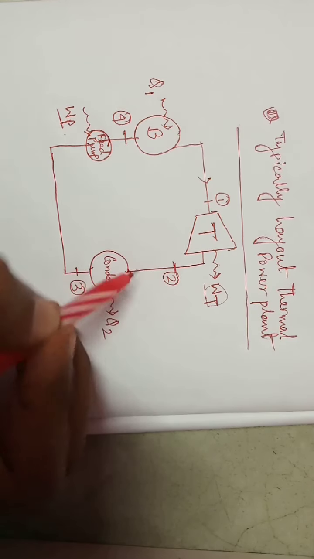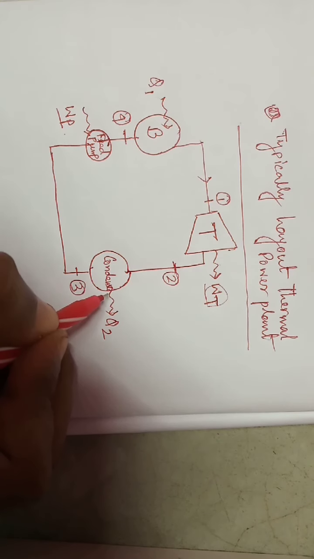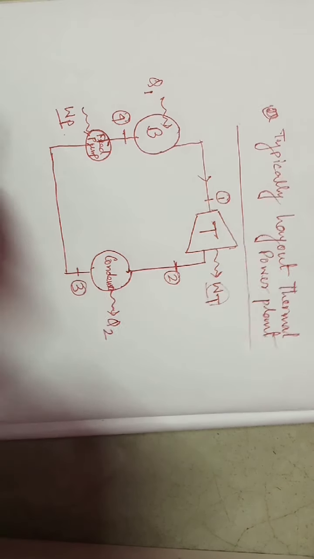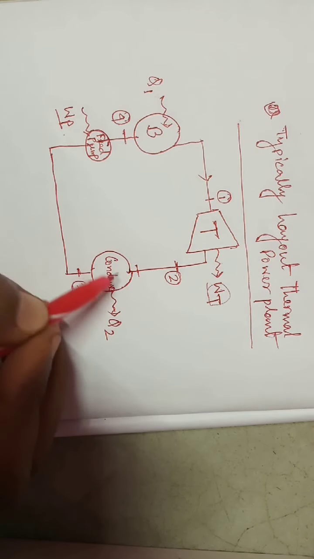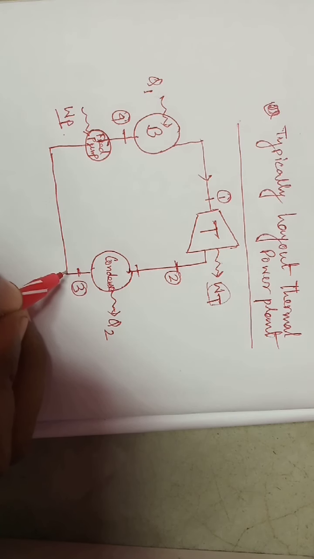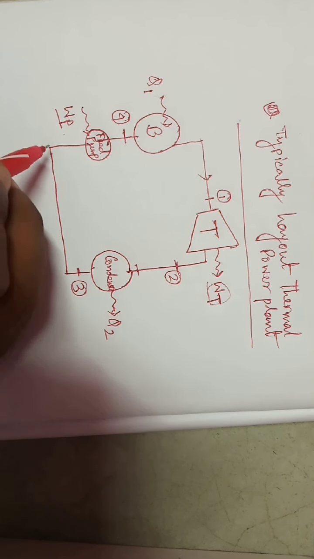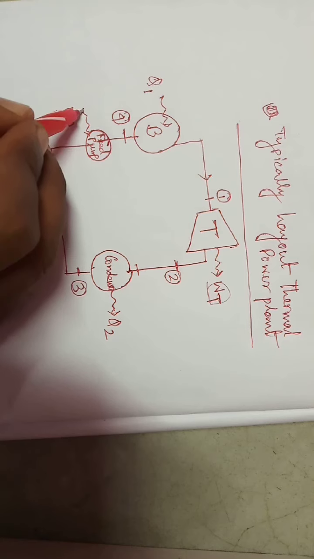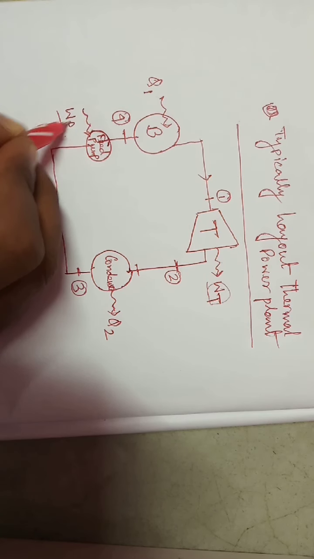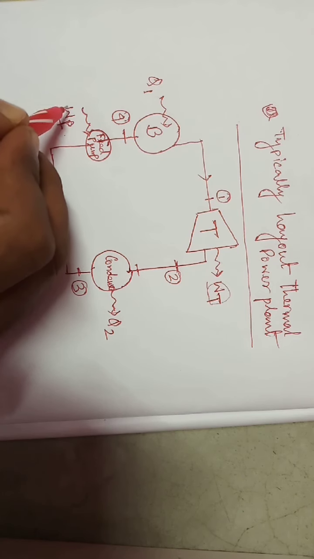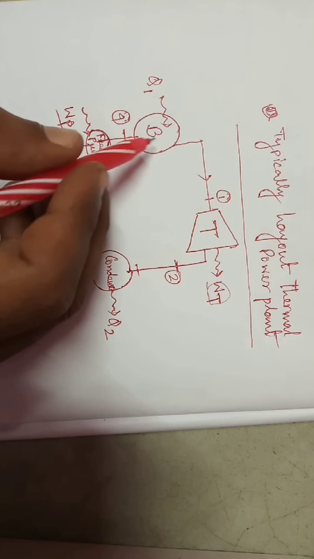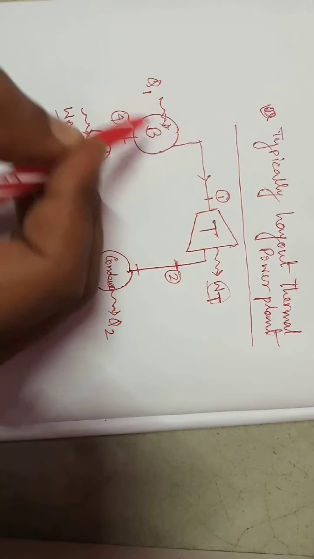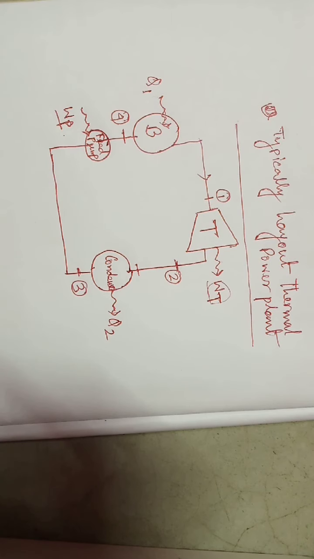It ultimately comes into the condenser, where it rejects heat Q2. So we can also say it is a constant pressure heat rejection process. Then it comes into the feed pump, where we give some amount of work WP, and ultimately it gets into the boiler, where an amount of heat Q1 is given.